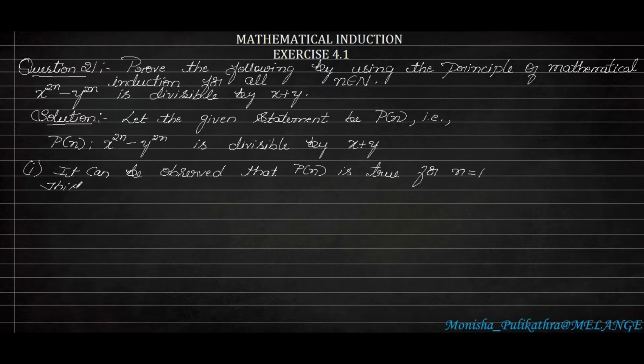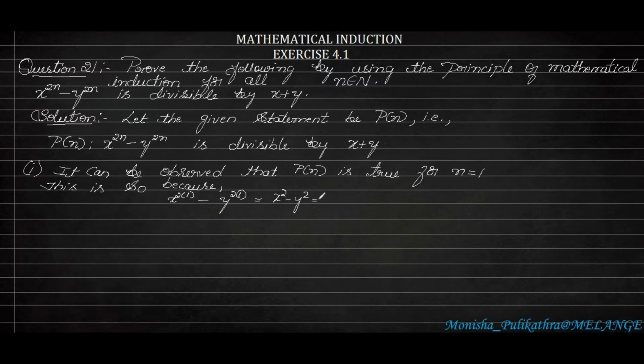This is so because you have to put 1 in the place of n. So it will become x to the power of 2 into 1 minus y to the power of 2 into 1. So this is x square minus y square.